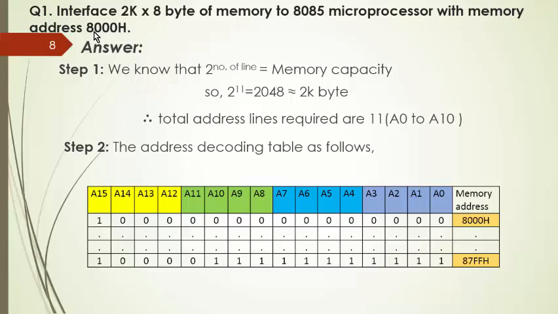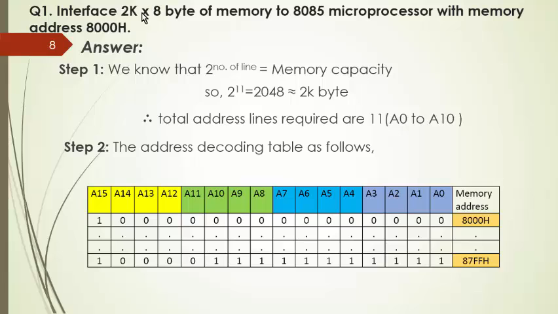Then, depending on the question, you have to write the initial address. In the question the memory address is given as 8000. This 8000 you have to write in the binary format.